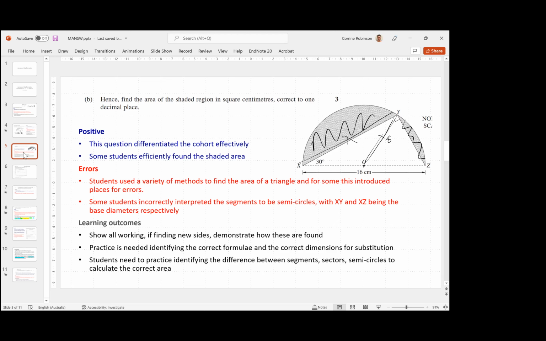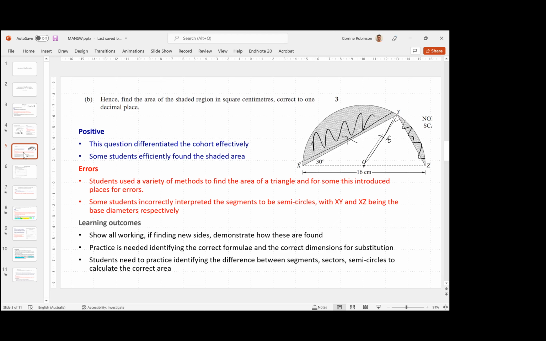Practice is needed identifying the correct formula and the correct dimensions for substitution. So students didn't necessarily use the area of a triangle. We saw areas of trapeziums, areas of kites, areas of sectors. So a variety of areas that are just not the shapes that they were looking at.